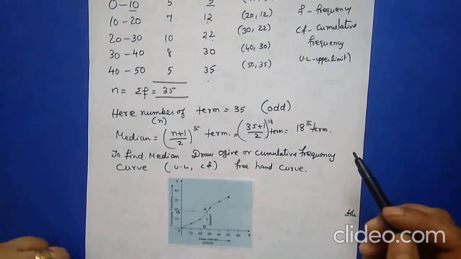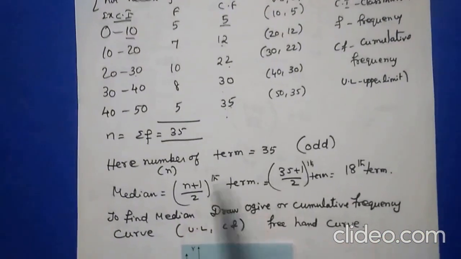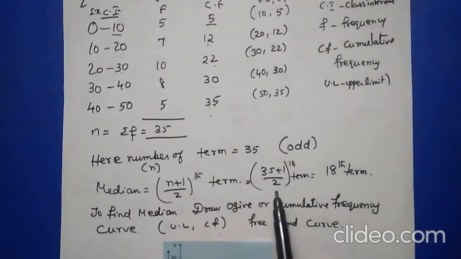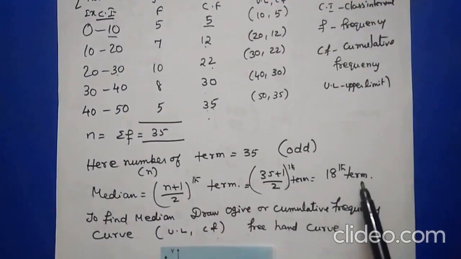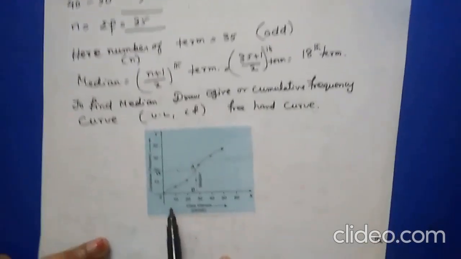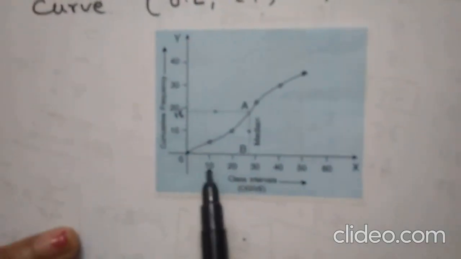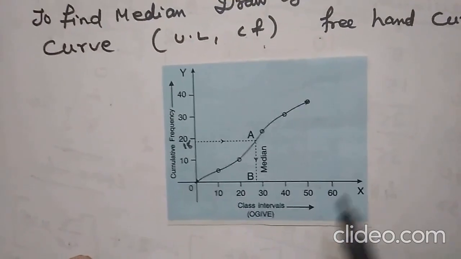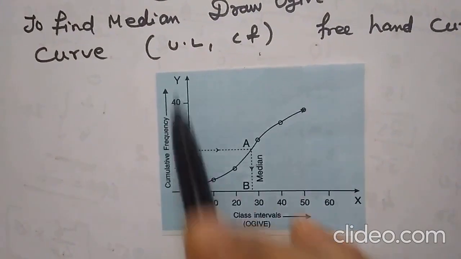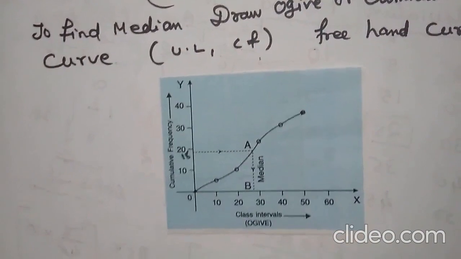Therefore, the median is equal to the formula (n plus 1) by 2 th term. 35 plus 1 by 2 is the 18th term. Now you see your graph here: class interval 0, 10, 20, 30, 40 on the x-axis, cumulative frequency on the y-axis.